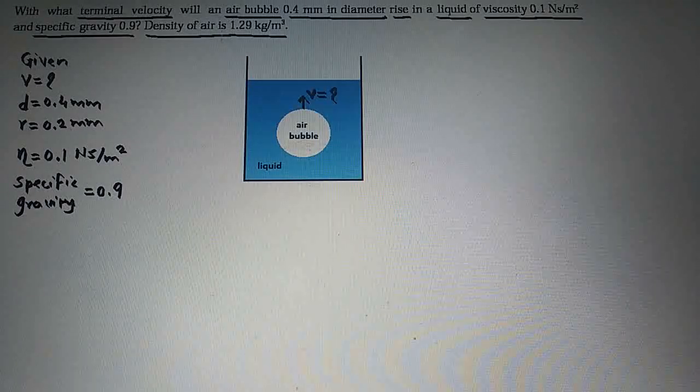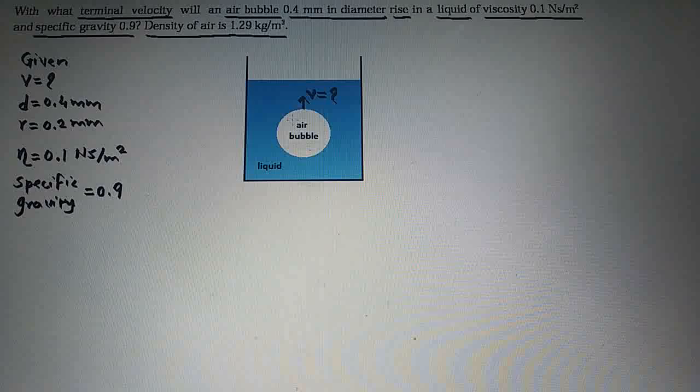And the density of air is given, and here the air bubble is an object which is moving in this medium, which is liquid.